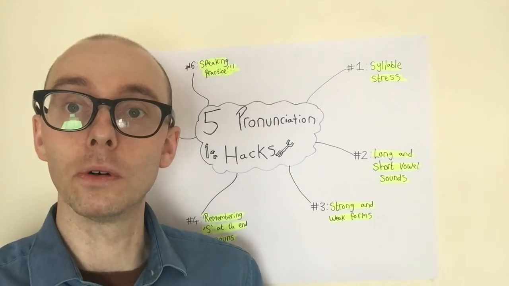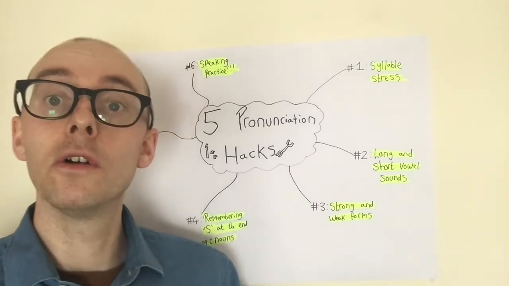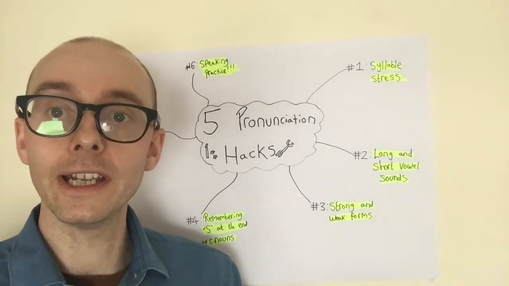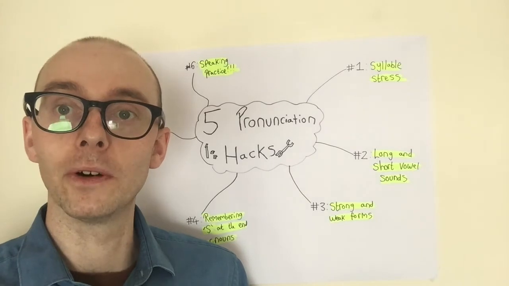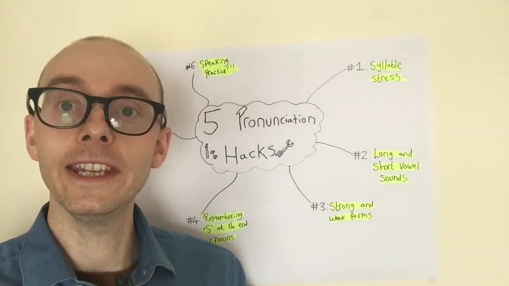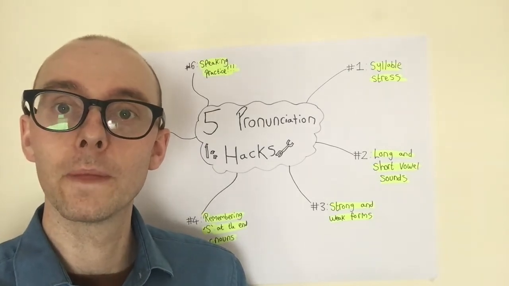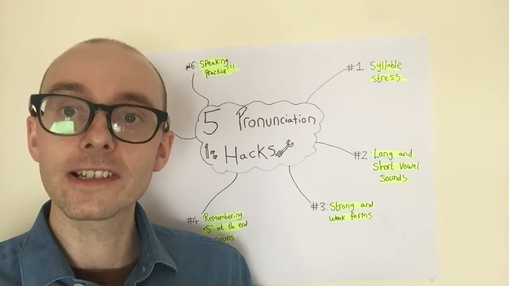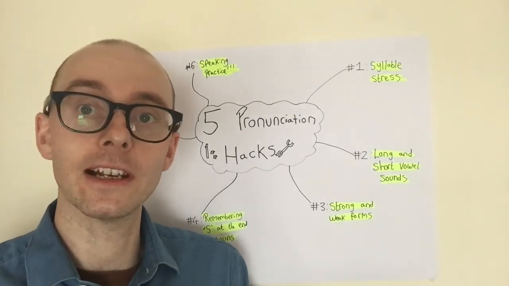One more example, the word "for," F-O-R. "For" is the strong form, and the weak form is "f." So you can notice that there's quite a big difference in how these two variations sound.